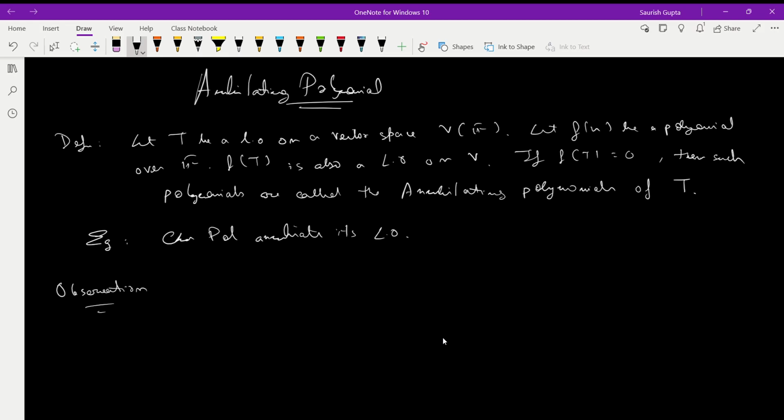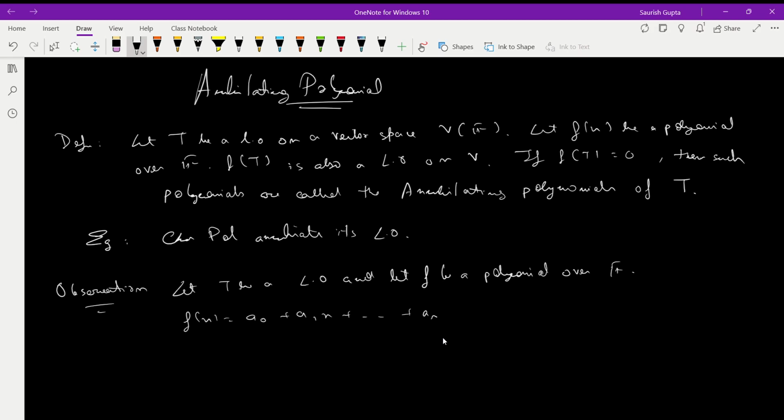Notice one thing, an observation. Suppose you have a linear operator T, and you consider f to be an arbitrary polynomial over the field F. So let T be a linear operator over V and f a polynomial over F, where F is obviously the underlying field.